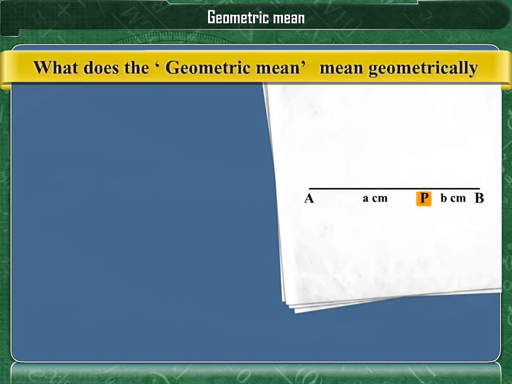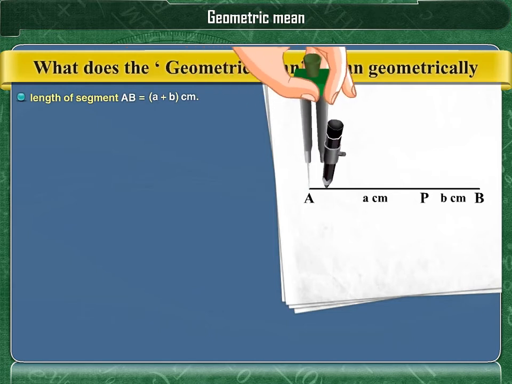Since the point P lies between the points A and B, AP plus PB is AB. Therefore, the length of segment AB is A plus B centimeter. Draw a semicircle with AB as diameter.